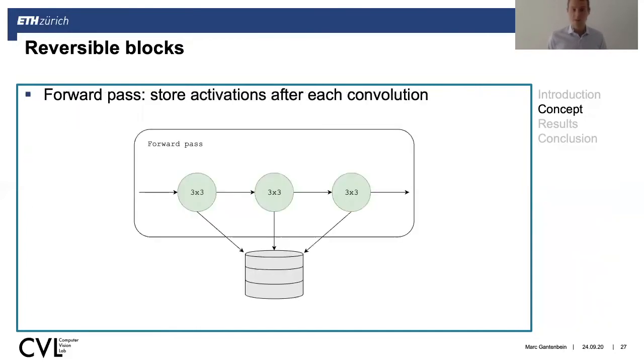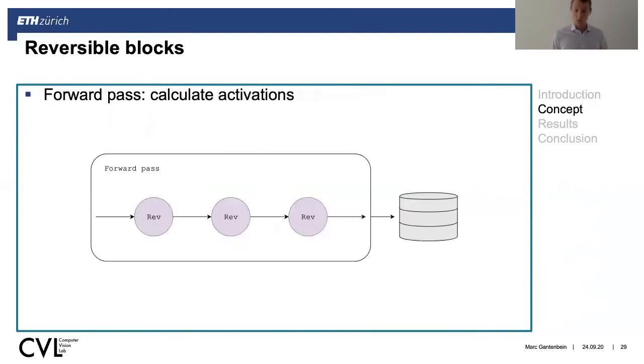To present an example, I have here 3 convolutional layers in a row with a 3x3 kernel, could be another kernel as well. During a normal forward pass without reversible blocks, we would just store the activations after each convolution. Then for the backpropagation, we would fetch the activations for the convolution and do a backpropagation algorithm for the layer.